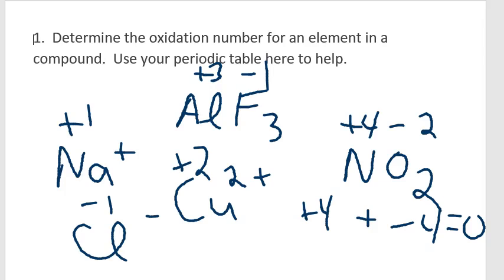So individual elements, oxidation number 0. When I have ions of one element, the charge is equal to the oxidation number. And when I have different elements in a compound, definitely go to the periodic table and look them up. And if need be, you're going to figure them out by what your positive oxidation numbers and what your negative are. Okay, so with that, let's go to number 2.